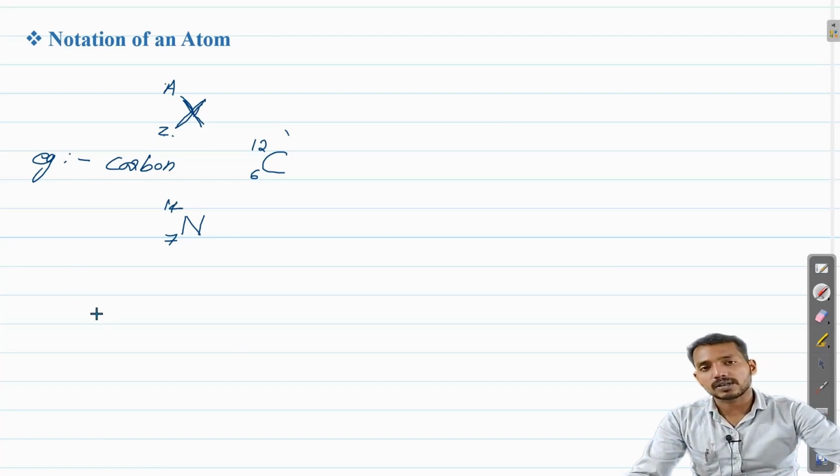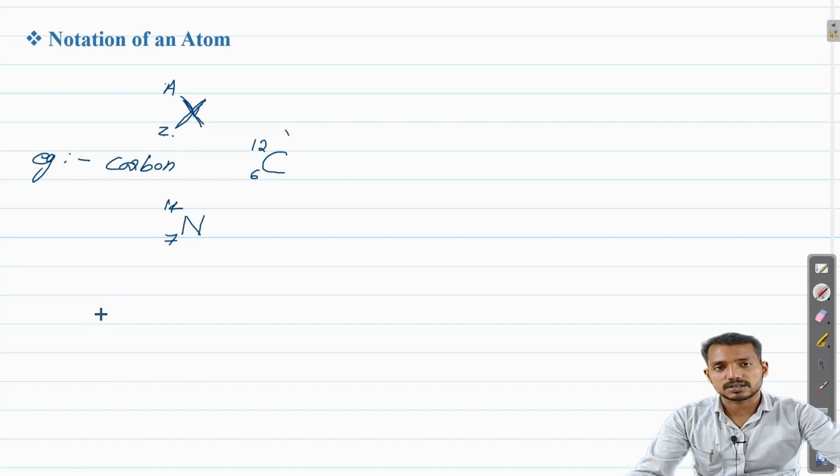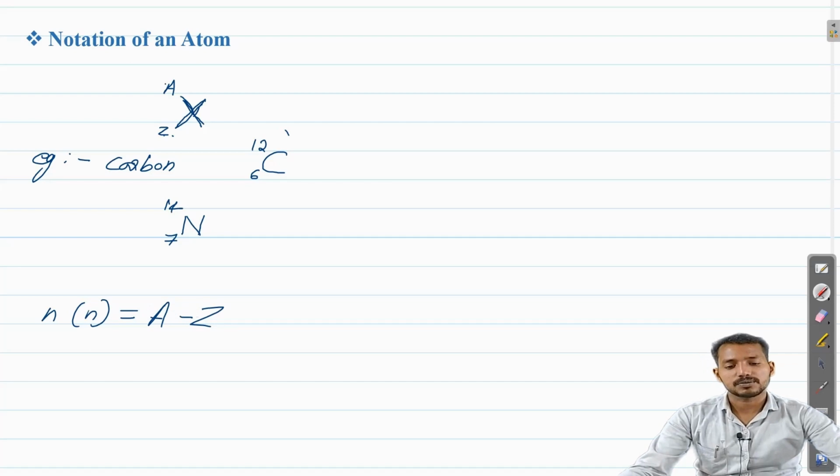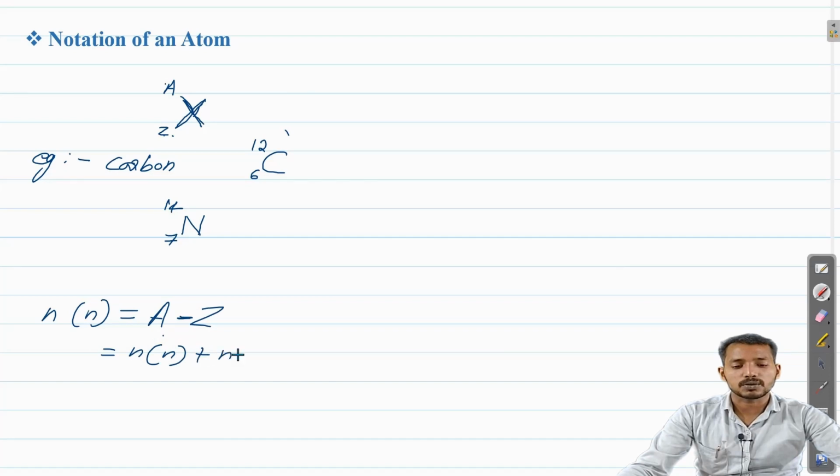Here how I calculated that 7 is the number of neutrons is very simple. Number of neutrons is equal to mass number minus atomic number. Because mass number is the number of neutrons plus number of protons. Am I right? Clear?